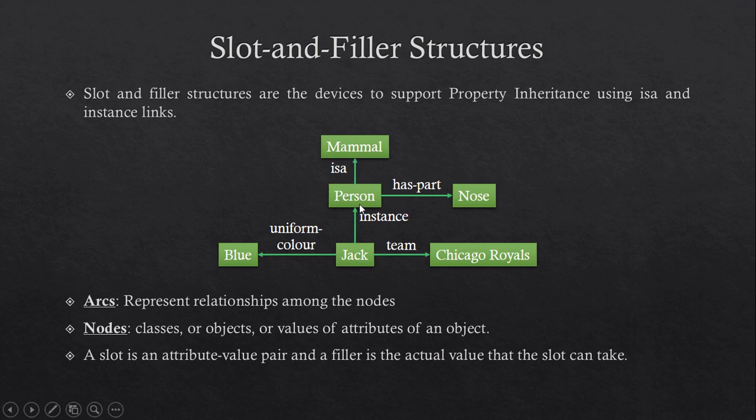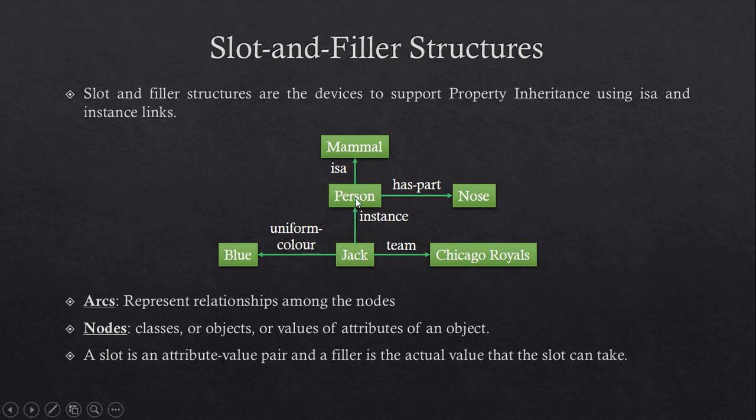The person class has an attribute called has part, and this attribute has a value nose, which means all instances of person class will have an attribute has part with the value nose. Jack is such an instance of person class.